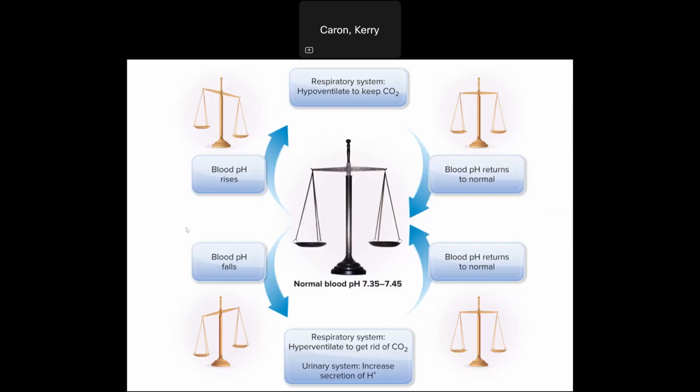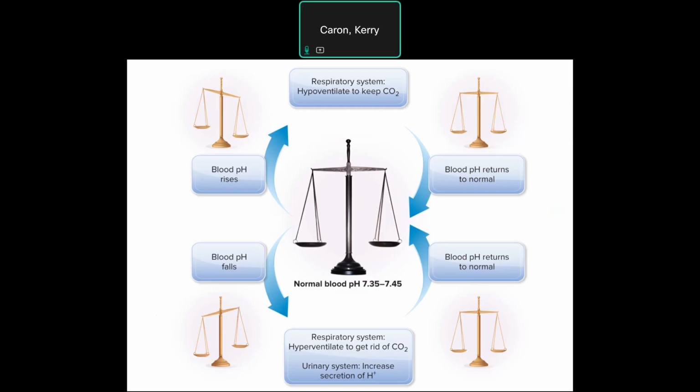Okay? So this is another example of how the respiratory system and the urinary system keep pH in balance. So if the blood pH level rises, if it gets higher and it's alkalotic, we're going to slow down our breathing because we want to keep the acid, the CO2.